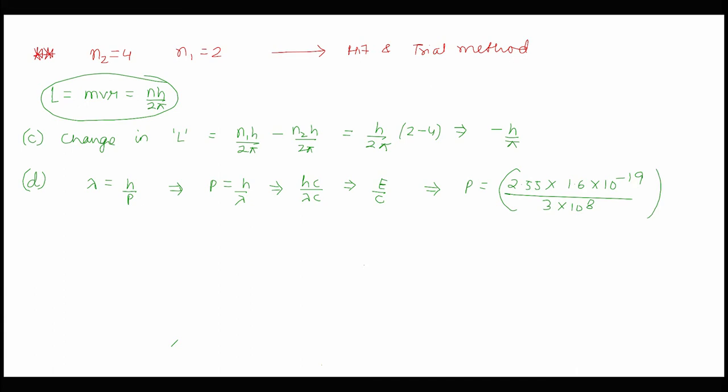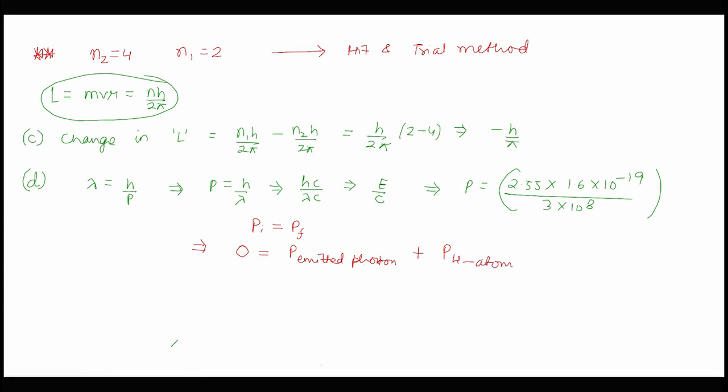Now the atom was initially at rest, so the recoil momentum of the atom will be the same as that of the emitted photon. That is according to the conservation of momentum. So if m is the mass and v is the recoil velocity of the hydrogen atom, then by applying the momentum conservation principle, that is p initial is equal to p final, I can say that the initial momentum of the system was equal to 0, and finally we have the momentum of the emitted photon plus the momentum of the hydrogen atom.